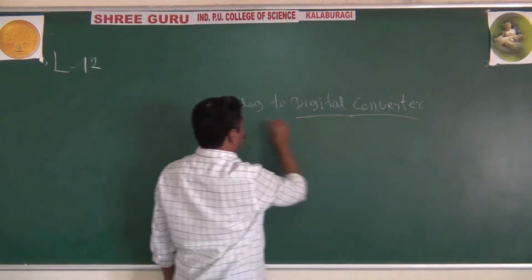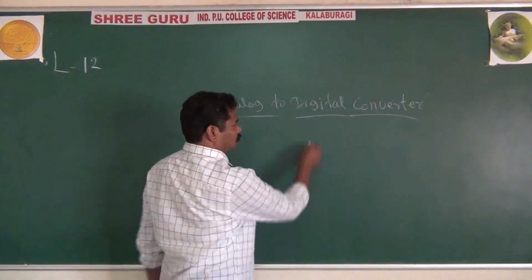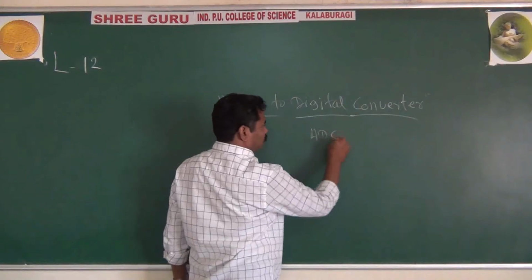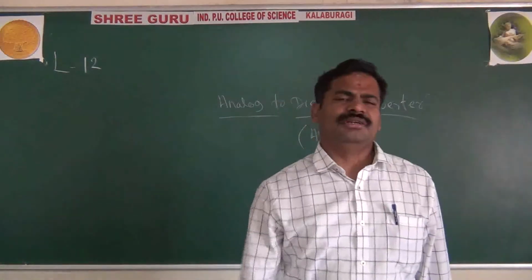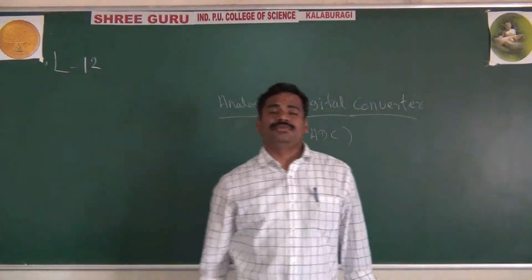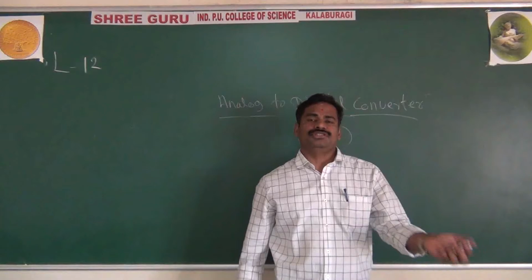The analog to digital converter is called ADC for short. As I said already, in some cases we want the output as analog, and in some cases we want the output as digital.